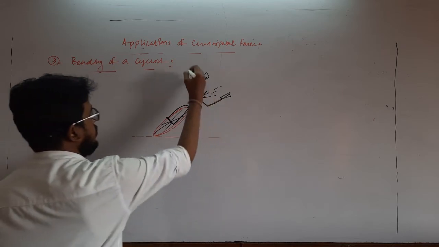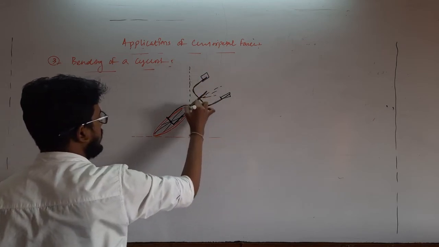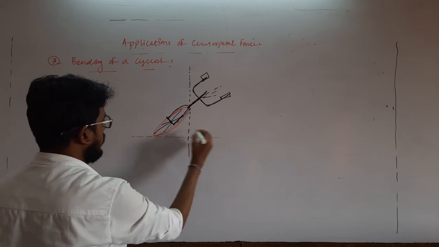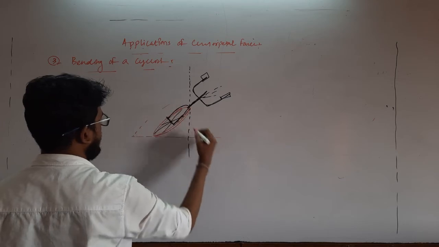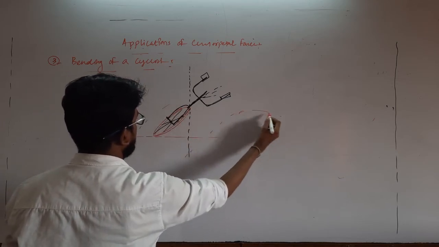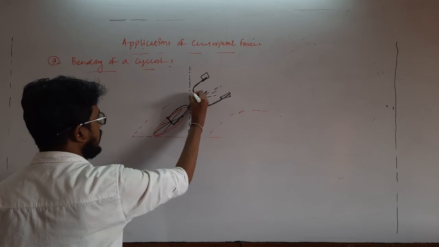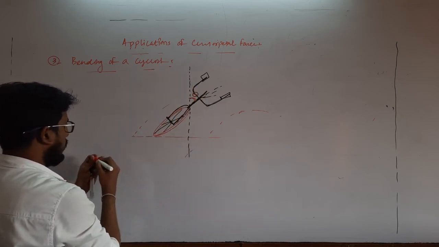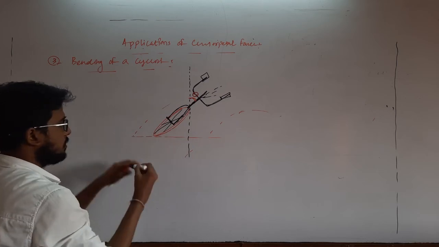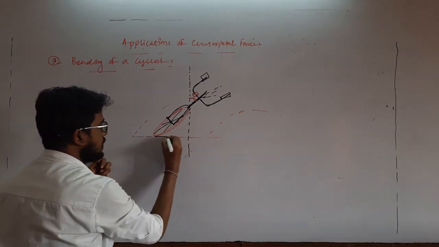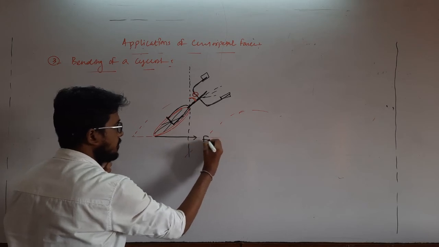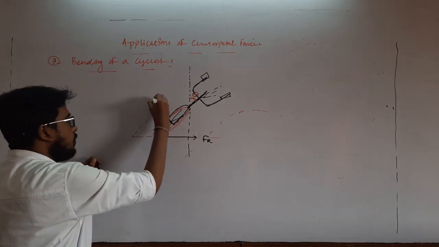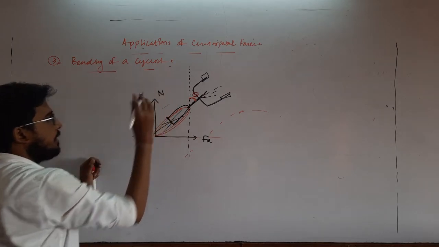Okay, so this is vertical and the cyclist is taking a turn along a circular path like this, and the inclination with the vertical will be theta. Clear? So here the friction on the surface of the circular path for the cyclist will act along this direction. This is the frictional force Fr. And the normal reaction at this point of contact will act along this direction N.